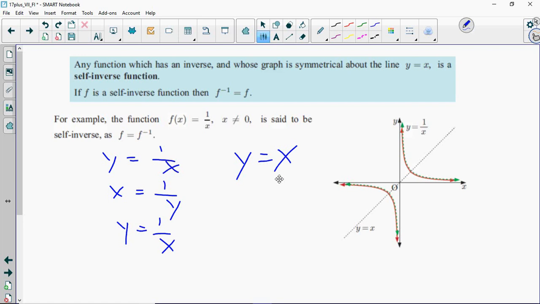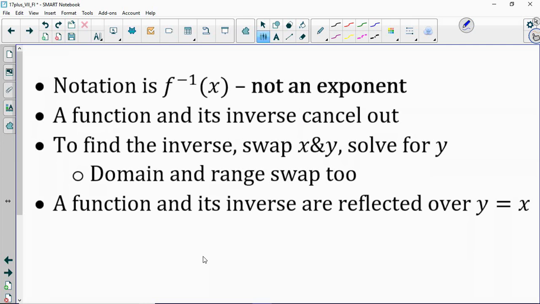The line y equals x is also technically a self-inverse function, because if I switch x and y, I get the exact same thing. There are other self-inverse functions as well. There's nothing particularly important or interesting about them other than the fact that they are their own inverse, and that's the end of that. So we're going to end things there.